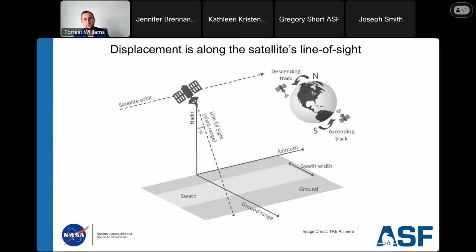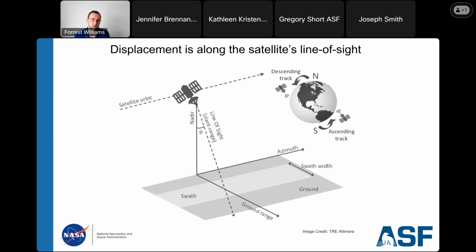But I also just wanted to mention a few caveats right off the bat in case people are unfamiliar working with InSAR data. The first caveat is that the displacement measured in these products is displacement along the satellite's line of sight, or basically along the line that the beam we were talking about earlier travels from the satellite down to the ground and back up. This is really important because typically SAR satellites look off to the side, and this means that there is both a horizontal and a vertical component of the displacement measurement being made.